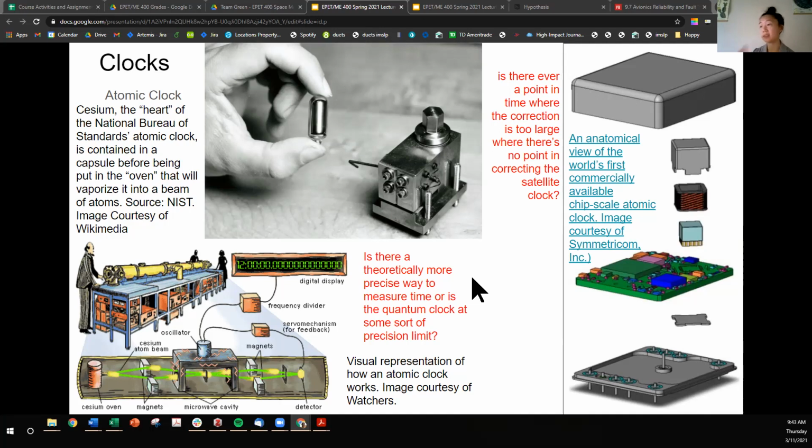So I'm not sure if the cesium atomic clock is the most accurate. There could be atoms out there that are oscillating more frequently. But I'm going to say by intuition that this kind of radiation is one of the highest frequencies that we can physically measure. So I think it is approaching some sort of precision limit.